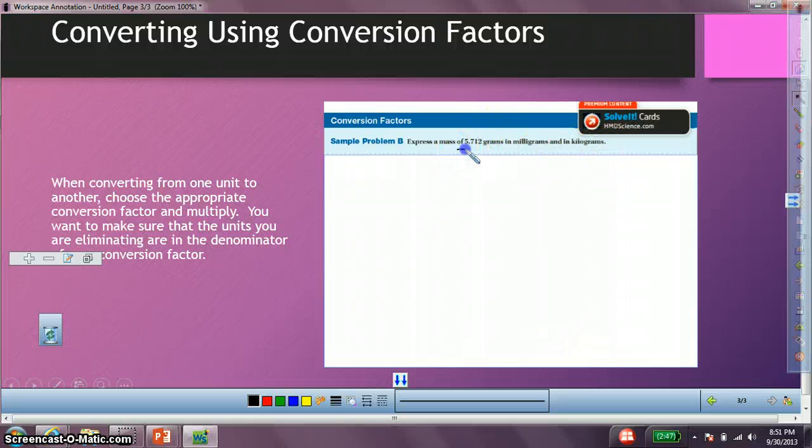We're given 5.712 grams, and we're told first to turn it into milligrams and then into kilograms. So we're going to start by turning this into milligrams. We know that 1 gram is equal to 1,000 milligrams. Now we need to turn it into a conversion factor. Over here it says the units you are eliminating need to be in the denominator.